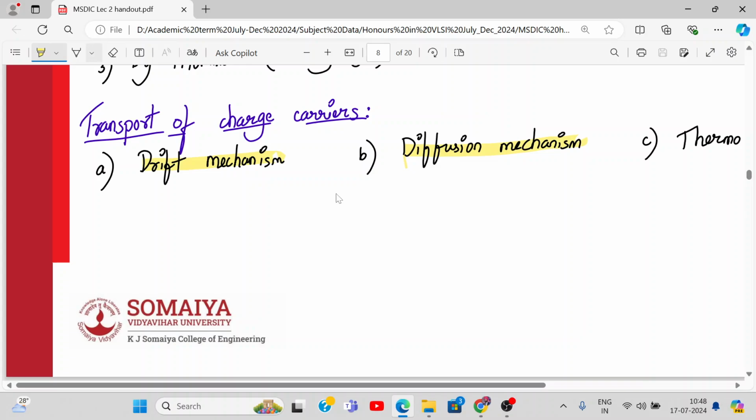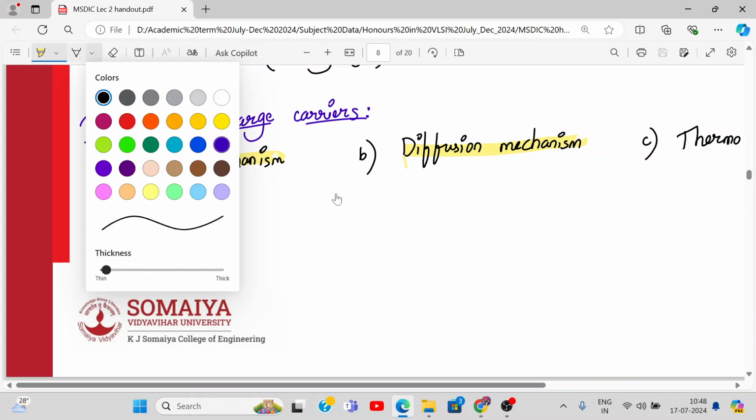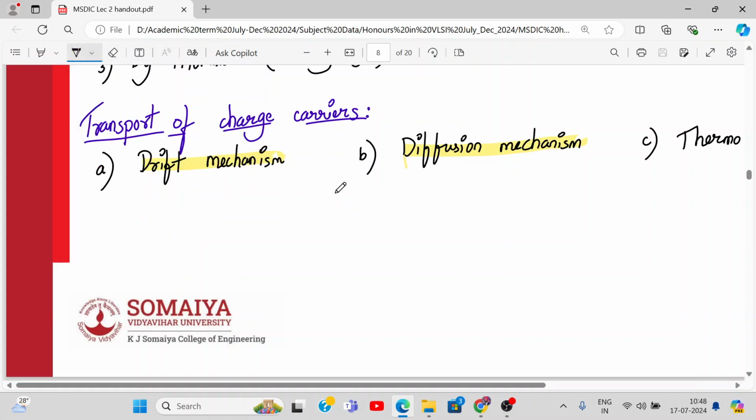So listen carefully now. In metals and semiconductors, current flows whenever an electric field is applied to it. Again I'm repeating, in metals and semiconductors, current flows whenever an electric field is applied.